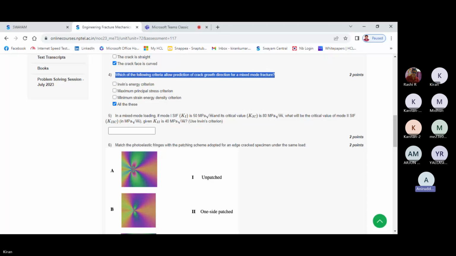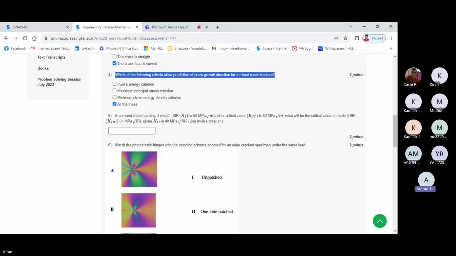I think it should be the maximum principal stress criterion and the minimum strain energy density criterion. I'm not sure about Irwin's energy criterion. No, in Irwin's also, if you refer to that equation, (K1/K1C)^2 plus (K2/K2C)^2 equal to 1 is there.